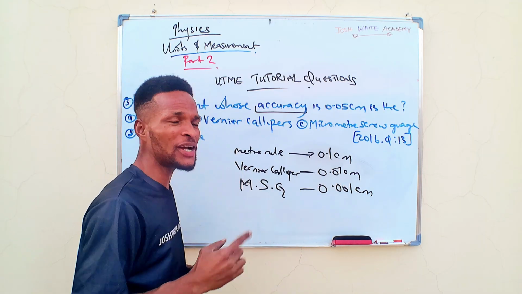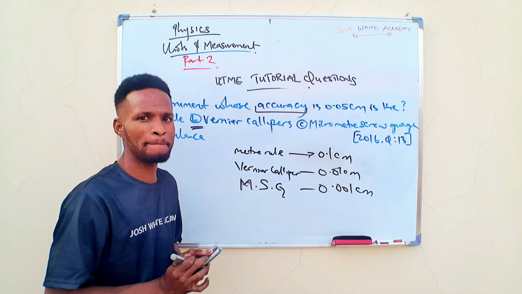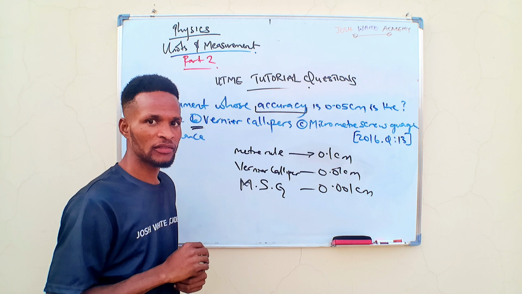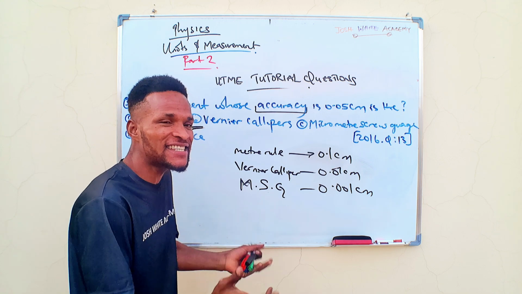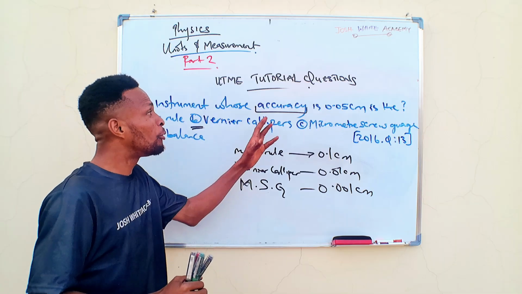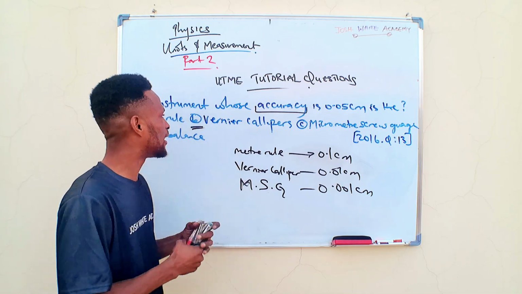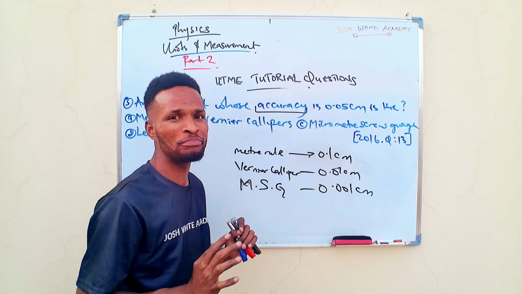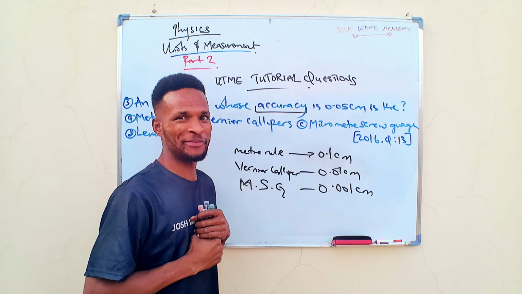So the most accurate answer is Vernier Calliper. Please take note. But it's possible to measure that by uncertainty using a meter rule. But by accuracy, our answer is what? Vernier Calliper. Because this is 2 decimal place and it goes with the 2 decimal place layout for Vernier Calliper.